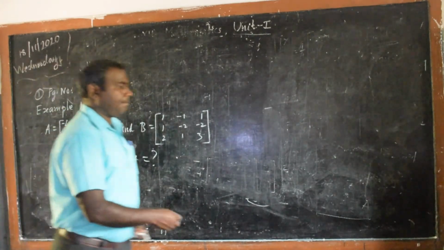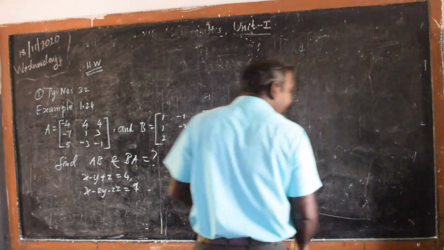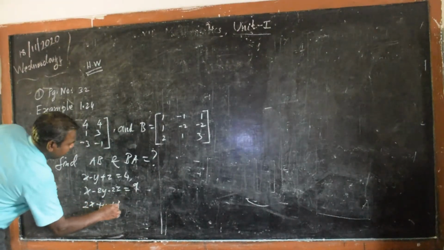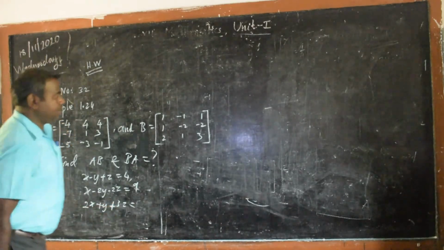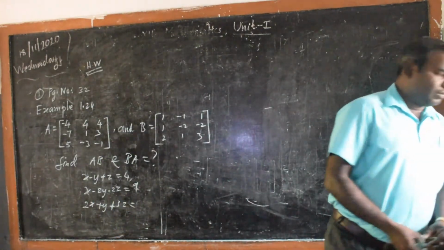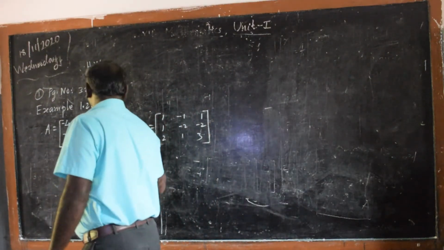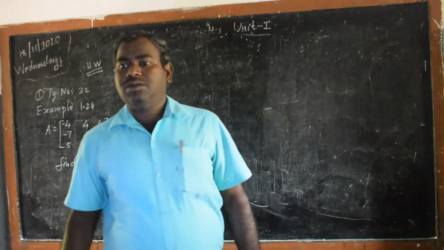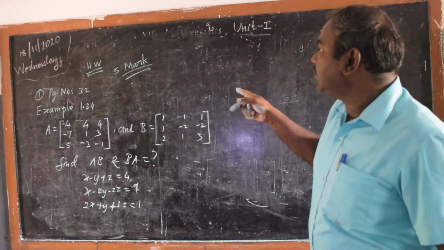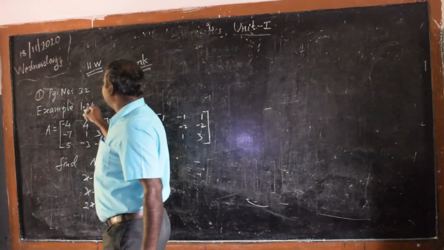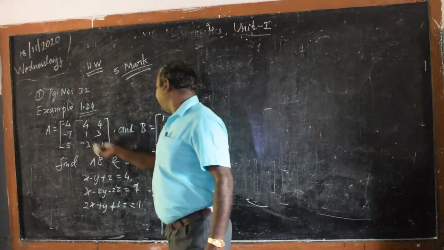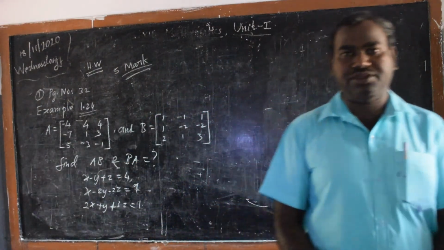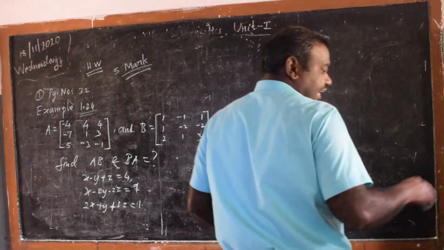And last equation, 2x plus y plus 3z equal to 1. Important, same as question number 3 and Example 1.24, same question. Find A into B and B into A, and also solve the system of linear equations. Famous example for you. Okay, next, write the next question.